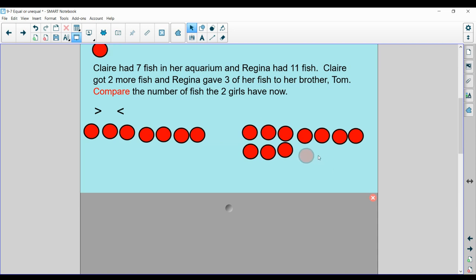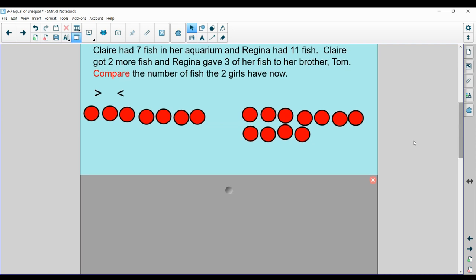Now I could have just copied 4 from the other side. Okay, so here's what we have. I'm going to put the numbers in. Claire has 7, and Regina has 11.